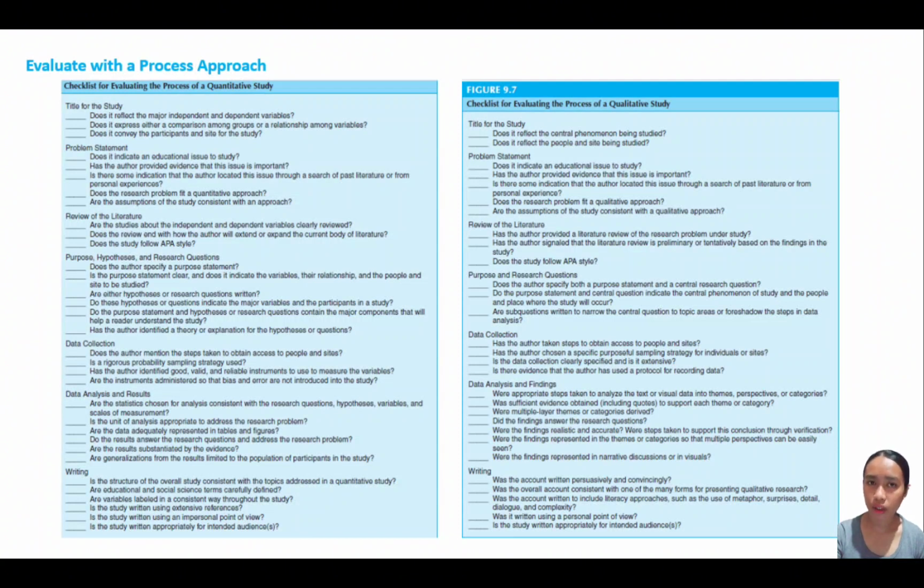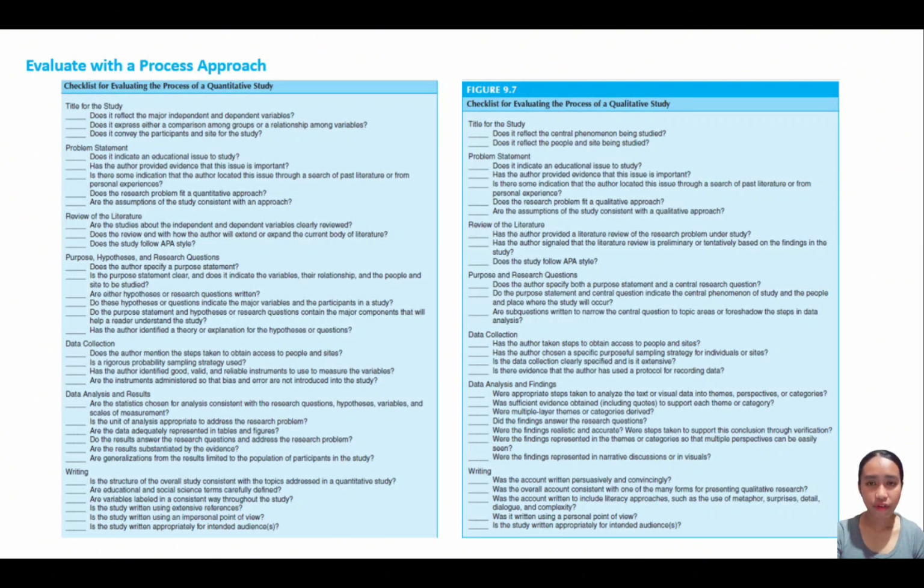Data collection methods should be well documented with evidence of access to participants and sites, purposeful sampling strategies, and protocols for recording data. Data analysis should involve appropriate steps to derive themes or categories from the data, supported by evidence and verification.